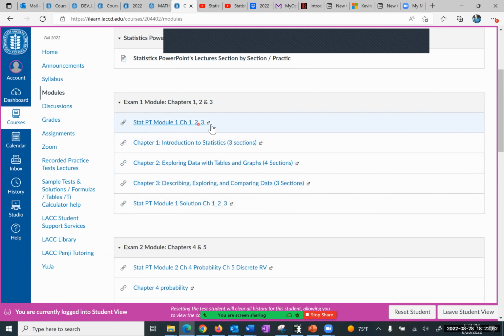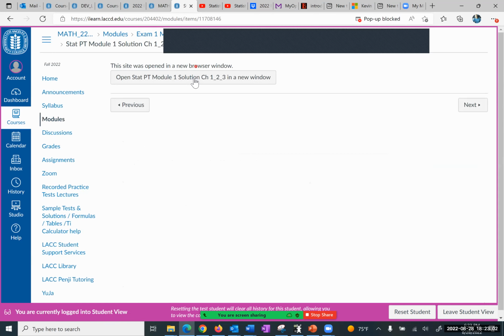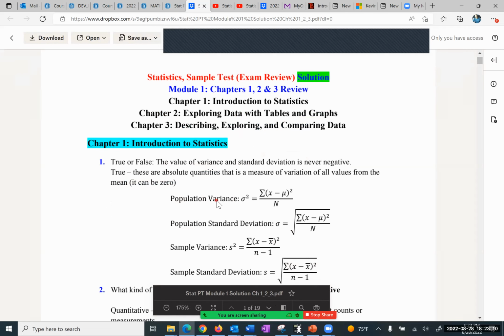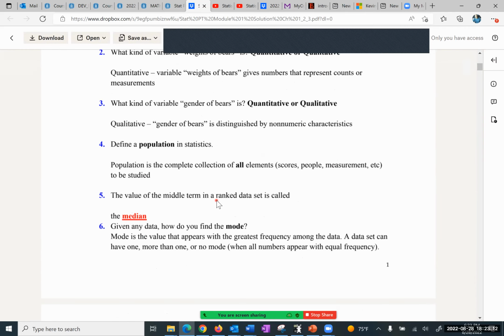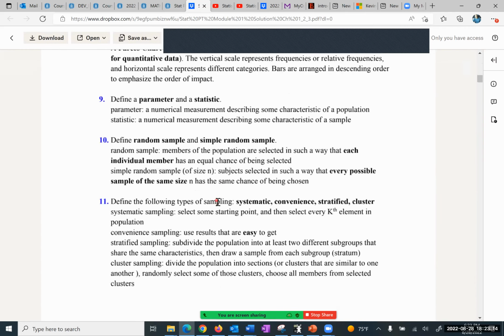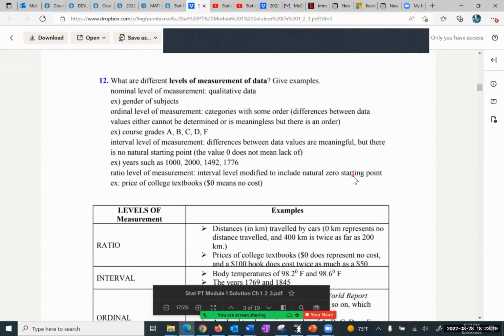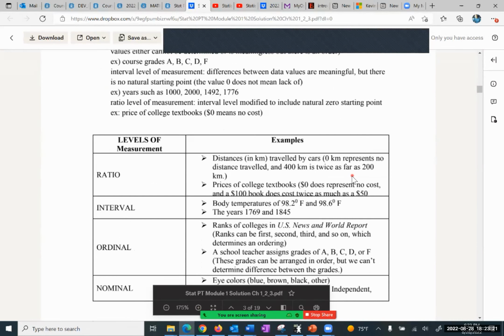So the very first thing was the practice test. What is the last thing under each module? This is the exam 1 module covering chapters 1 to 3. I have for you the solution, not the key, the solution to that chapter test with details. I put it in the form of a PowerPoint, and I have the recording of that.